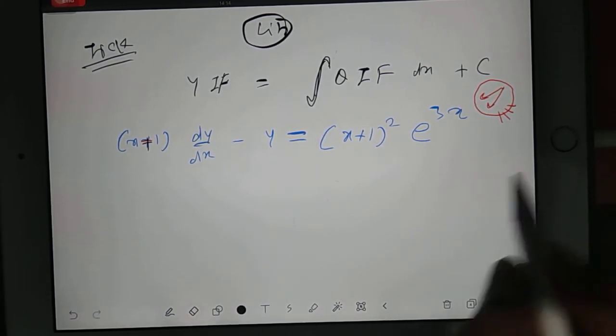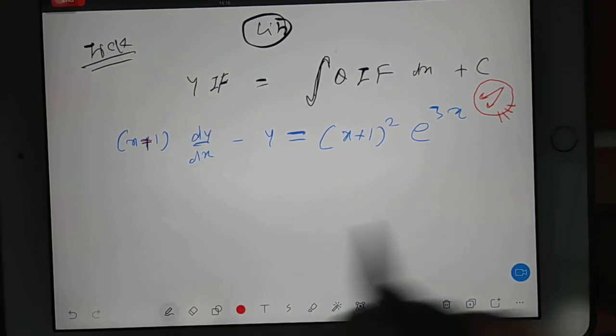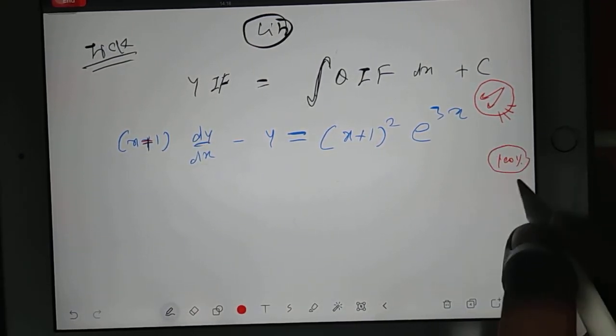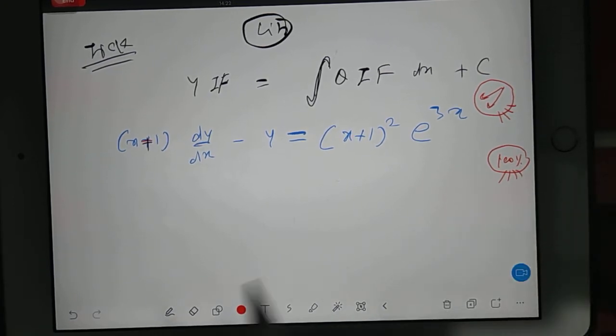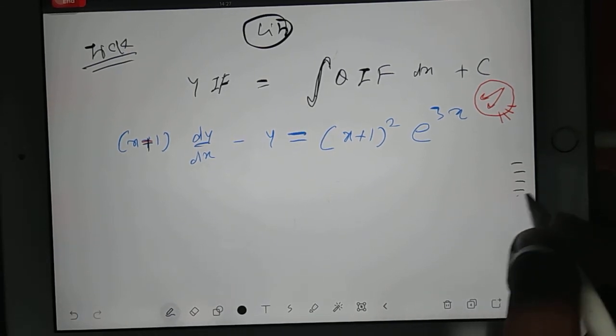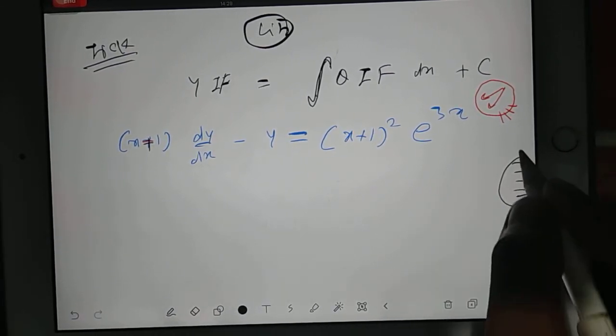If you have prepared only 40%, you will not be confused. But if you have prepared almost 100%, you will be the most confused person in the exam hall, because you'll know, okay, this one I can do, this one also I can do, so which one should I select?